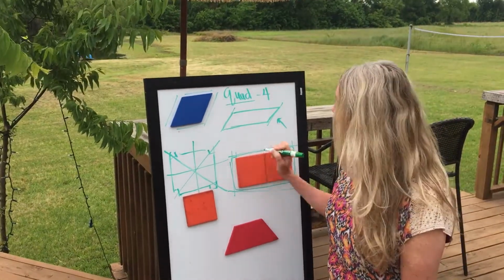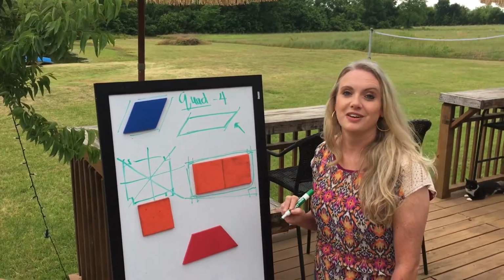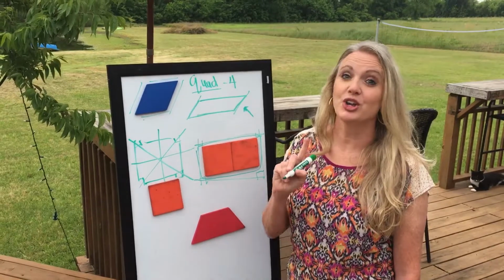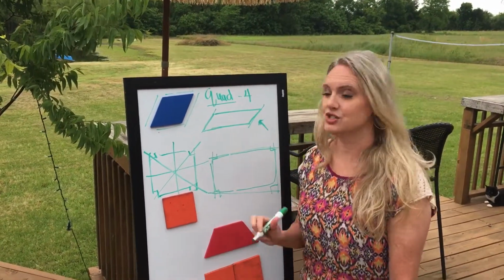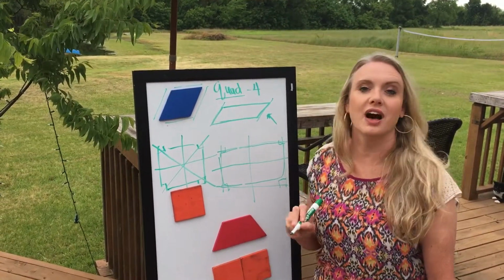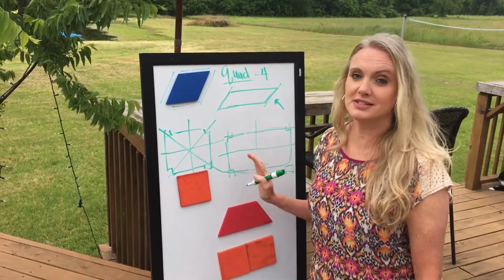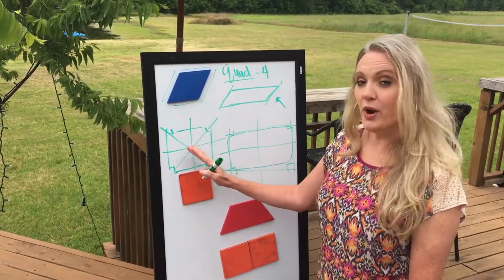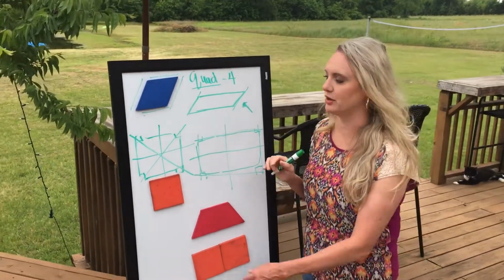It still has four right angles, but all the sides are not equal. And I want you to add this, it has two lines of symmetry. Okay, so practice that. A square can be a rectangle, but a rectangle cannot be a square.